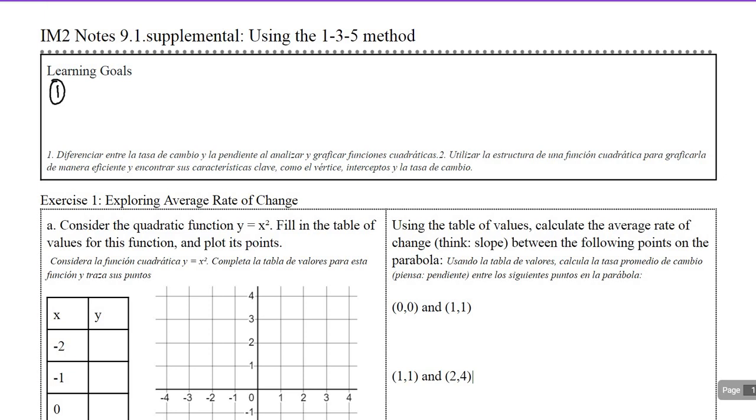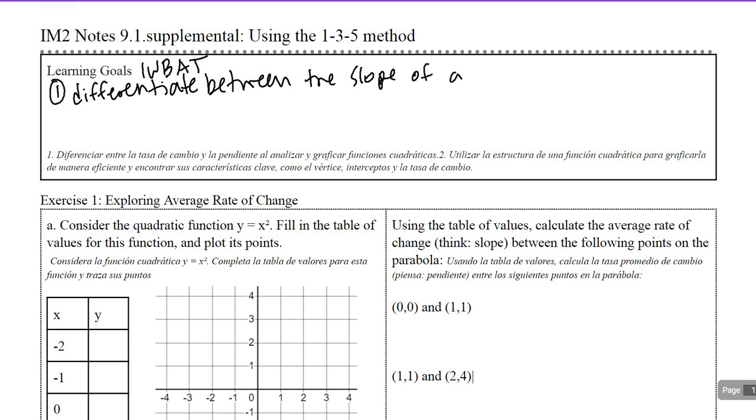The first is that we'll write these in the first person. I will be able to differentiate between the slope of a line and the rate of change of a quadratic function.